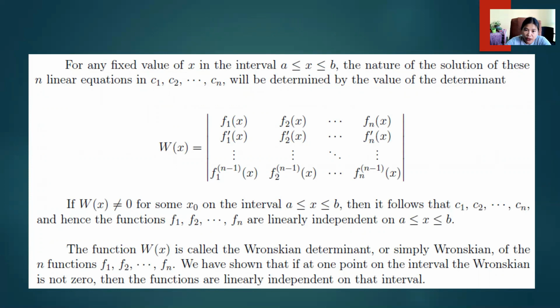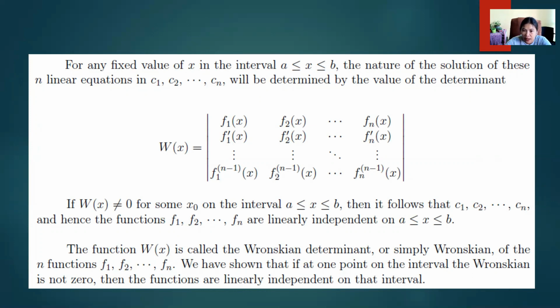For any fixed value of x in that particular interval, the nature of the solution of this system of n linear equations will be determined by the value of the so-called Wronskian determinant, which we represent as W. If W is not equal to 0 for some x0 on the interval, then it follows that C1, C2 up to Cn are all zero, and hence the functions are linearly independent.